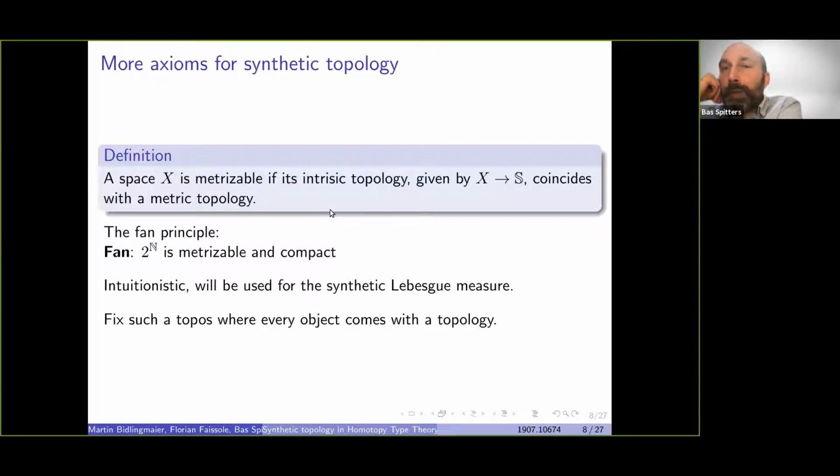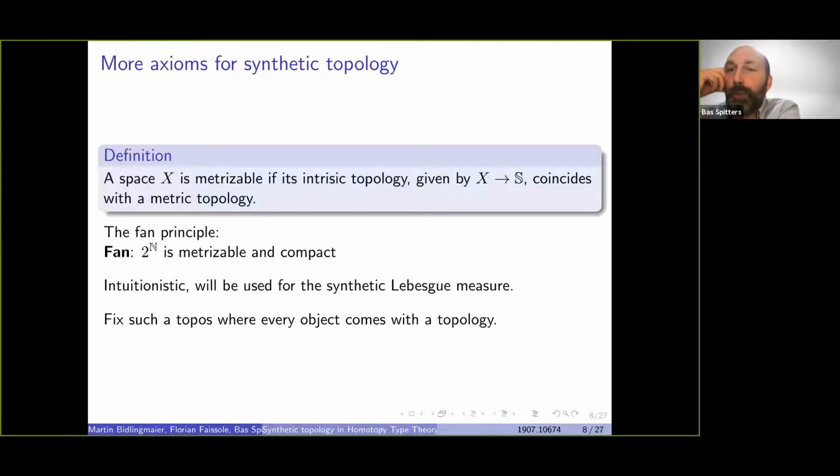Now there's an extra ingredient we need because we are redoing all of topology. Now we want to say when a space is metrizable, and so a space is metrizable if its intrinsic topology, the one given by maps into this Sierpinski space, actually coincides with the metric topology. And then we have the Brouwer principle.